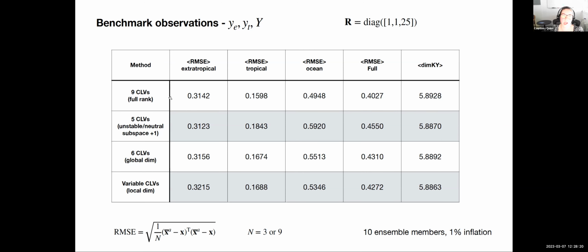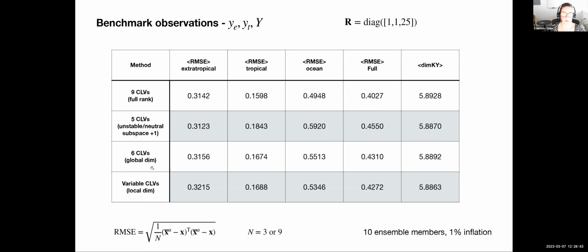We did it using our 9 CLVs, which is full rank, right? We're a 9-dimensional system, so we projected on our 9 CLVs, not really a difference there. Then we used 5 CLVs because there have been papers in the past that said you can use your unstable and neutral subspace plus 1, right? Use your unstable and neutral and just add that one stable direction.